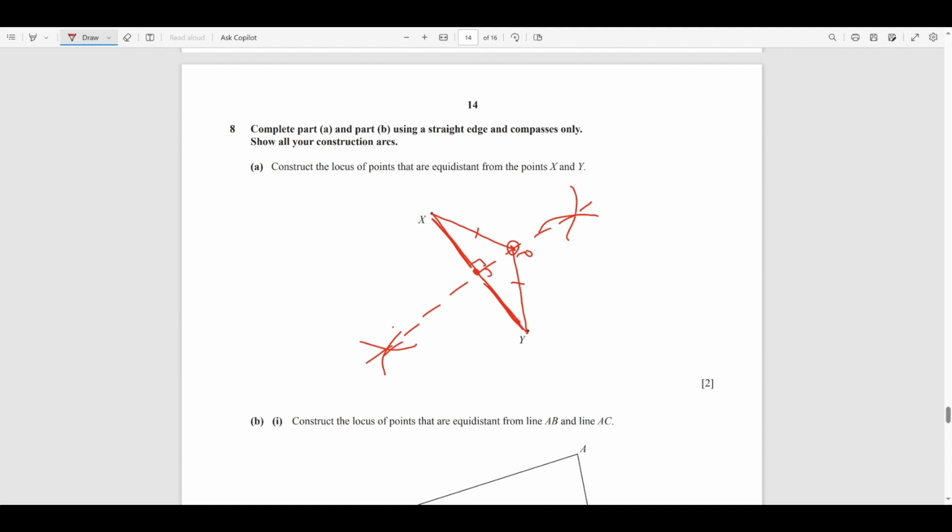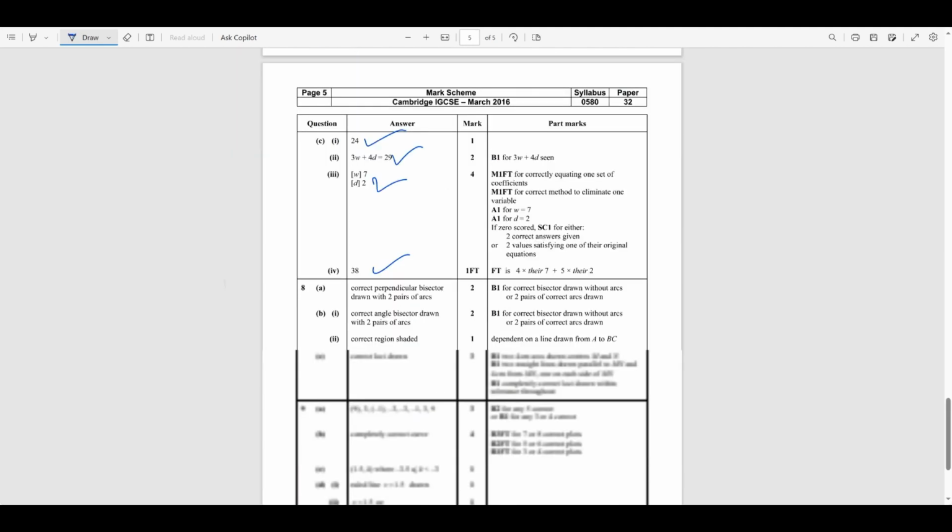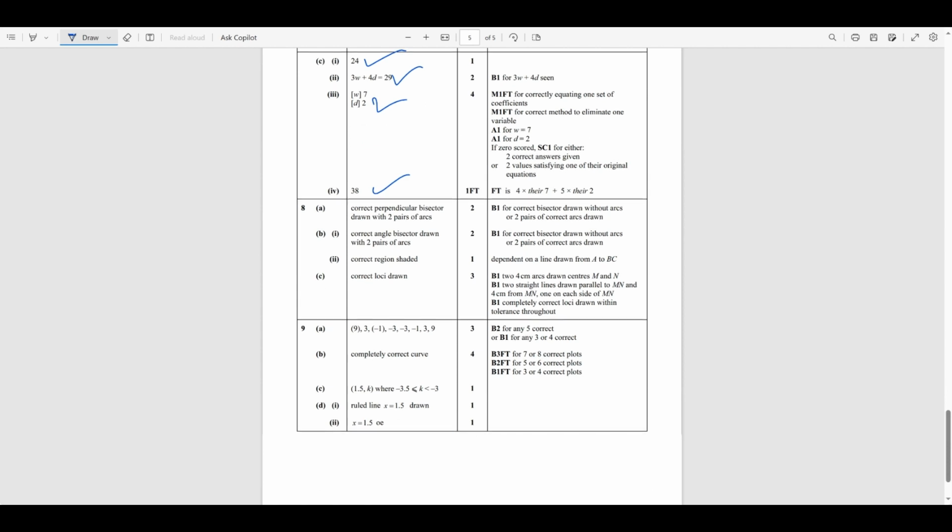So by congruent triangles, PX and PY will be equal. If you take any point on this perpendicular bisector, it will still be the same, so you don't have to prove it by drawing this point P. The perpendicular bisector should be enough. Correct, perpendicular bisector drawn with two pairs of arcs.